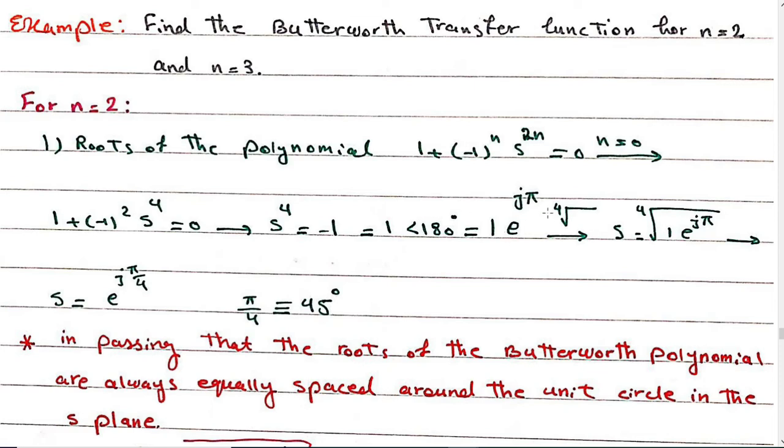Get the fourth root from both sides of the equation, and you will get this. So s is e to the j pi over 4. Why is it negative 1? Try it yourself and see why.